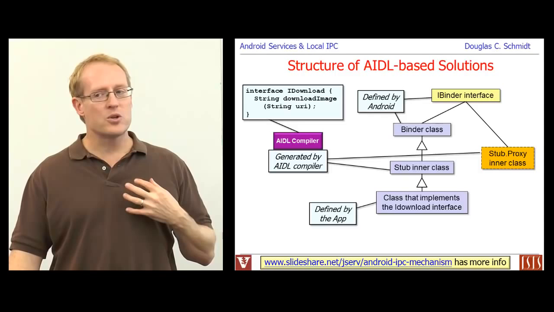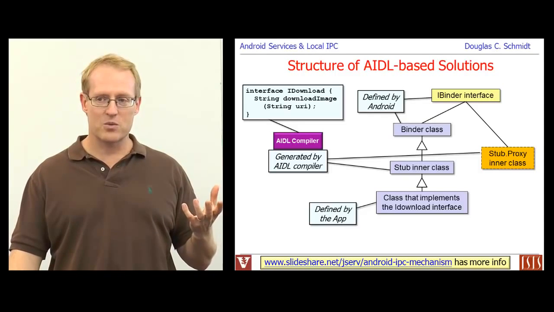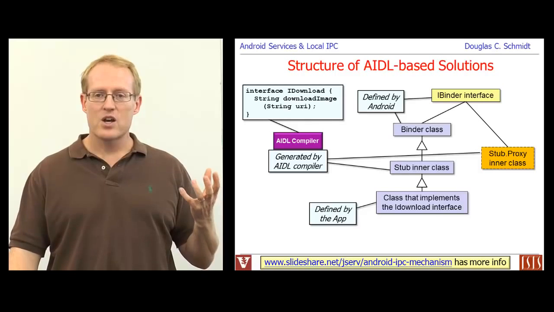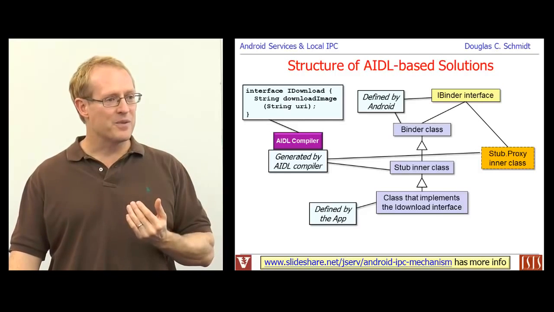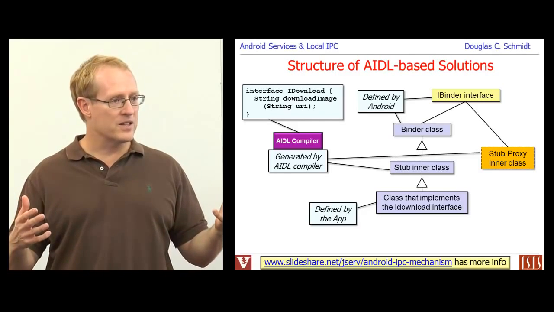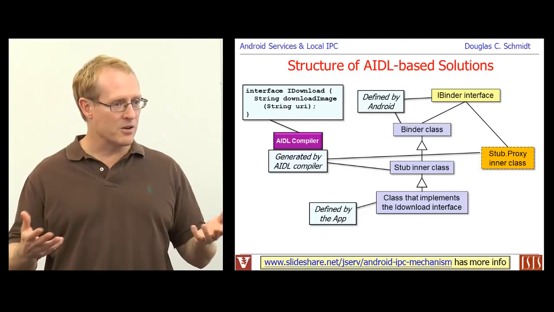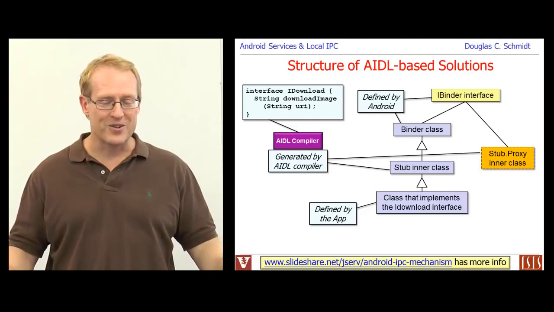And then finally, what you do as an implementer of the service that wants to define this interface, that wants to provide an implementation of this interface, you come along and you inherit from the generated stub, and you override the methods that were defined in the interface so that you give implementations that are meaningful in whatever it is you're trying to do.